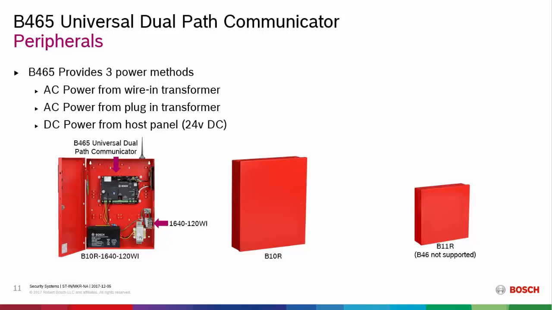However, it's important to note that because of the room it takes in the enclosure, it's only offered on the B10R and not on the smaller enclosure, the B11R. In addition to the wire-in option, we also offer a plug-in transformer, the D1640, and finally you can power it from the host panel with 24-volt DC if available.